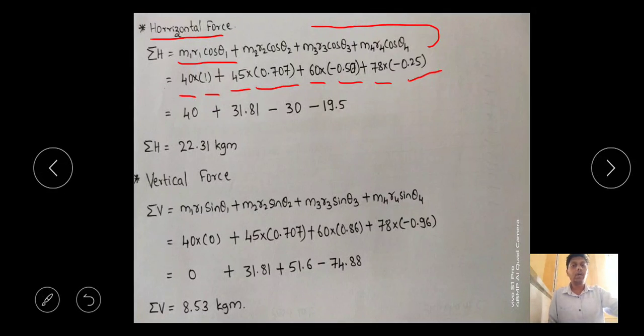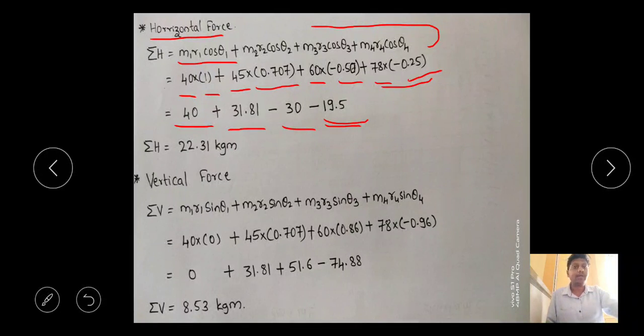Now 40 into 1 you will get 40. 45 into 0.707 you will get 31.81. 60 into minus 0.5 you will get minus 30. 78 into minus 0.25 you will get minus 19.5. You have to consider the sign also. If it is positive you take plus, if it is negative you take the negative term.